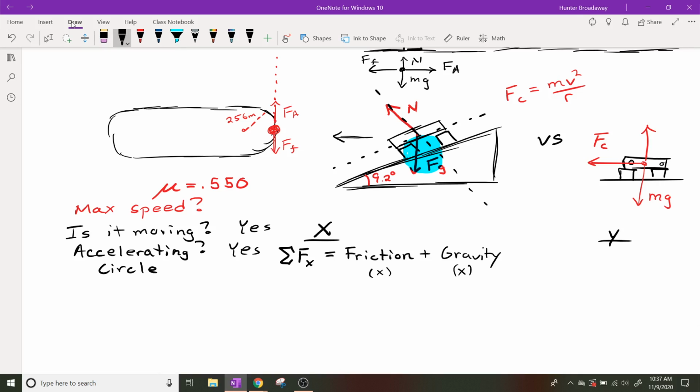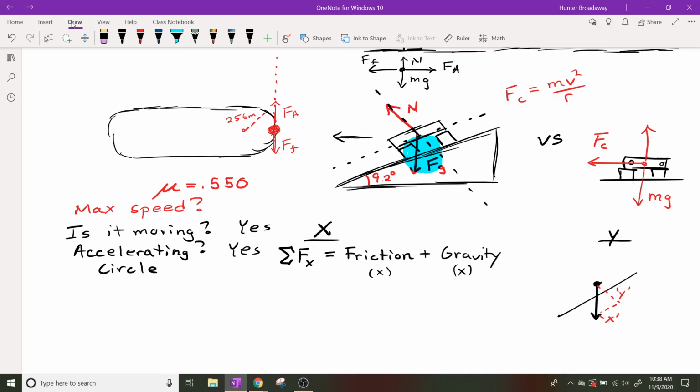Why does gravity have an x component? Because if you're going down the slope and gravity is pointing straight down like this, then you actually have to break it down into its normal force component and its x component. So this is the x and this is the y, quote unquote.